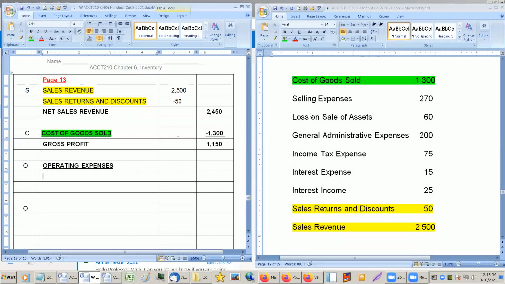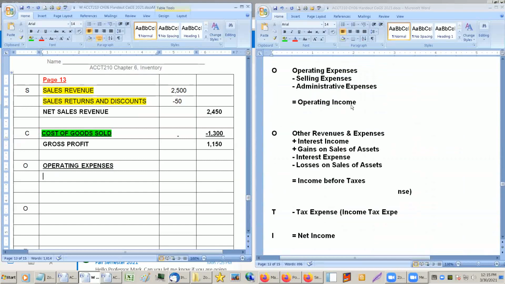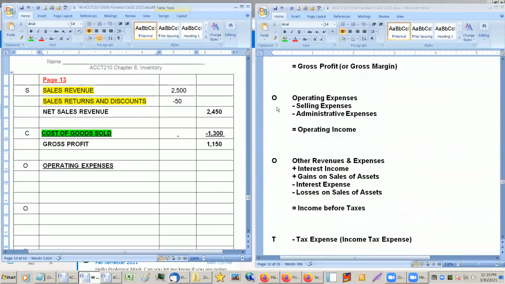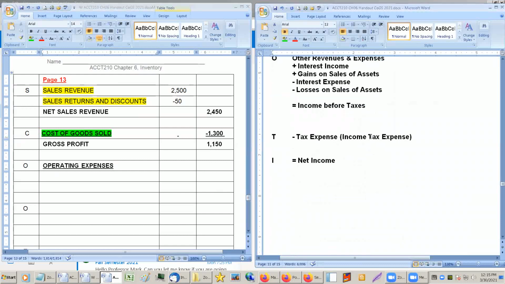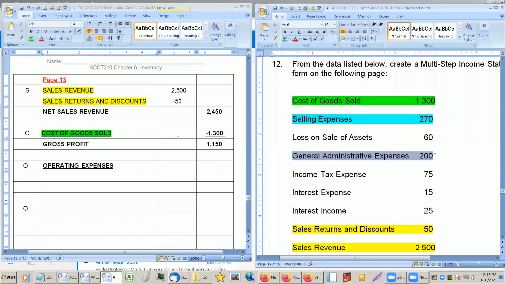They're selling and administrative expenses. You come up here, operating expenses, they're selling and administrative. So we're going to take them down here. So our selling expenses, let's make that blue, and our general administrative expenses.